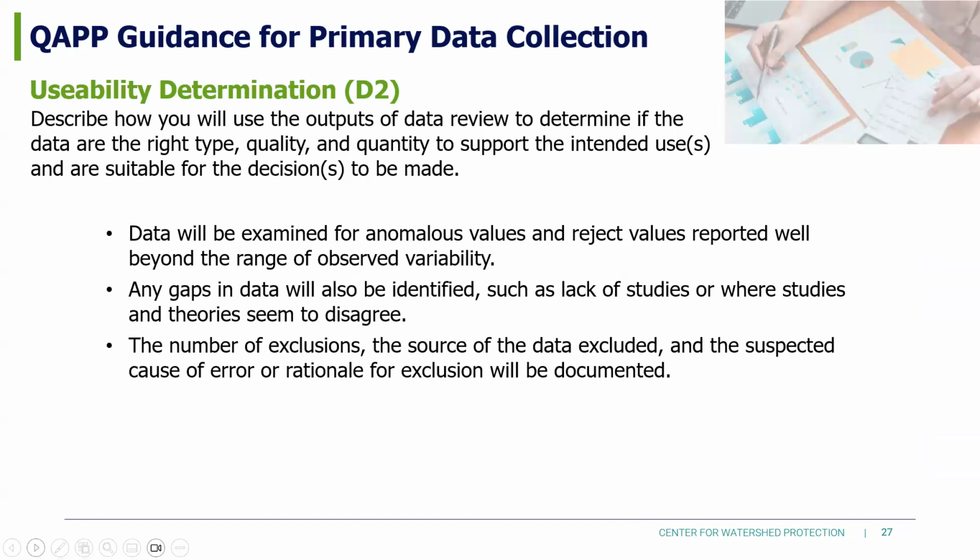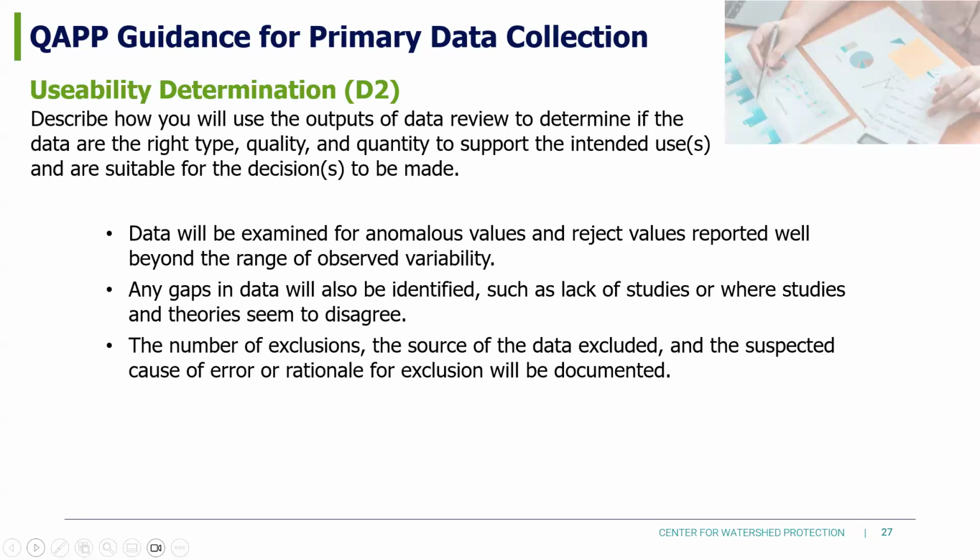Okay, and then next up, we're moving on to the usability determination. From this example, what they used for their usability determination was that the data was going to be examined for anomalous values, and they were going to reject values that were reported well beyond the range of observed variability, as well as identifying any gaps in the data, the lack of studies, or where studies and theories seem to disagree.